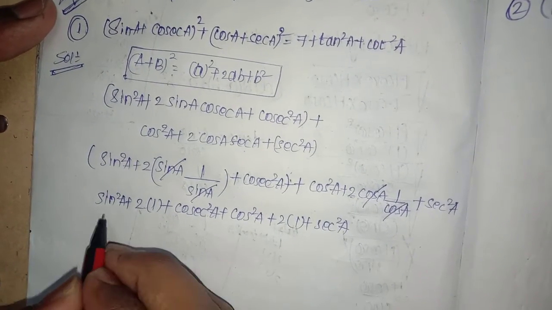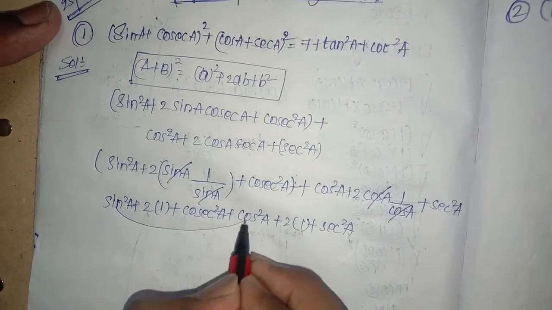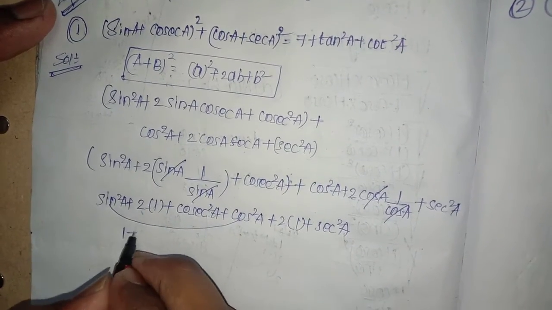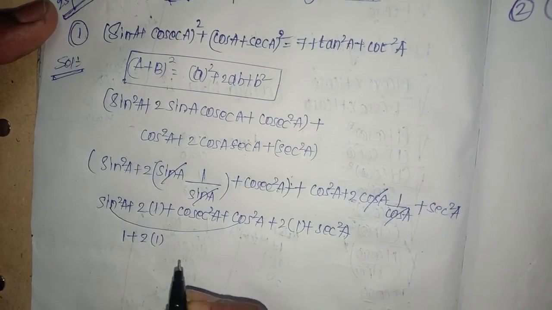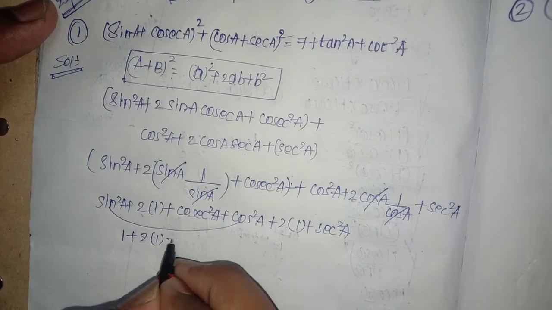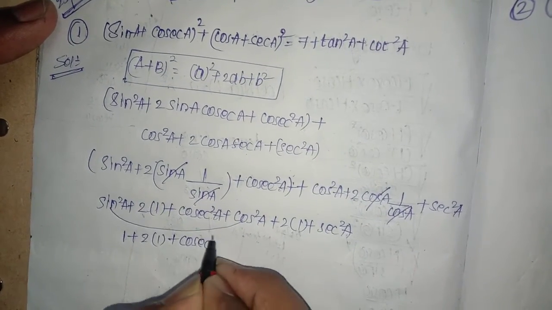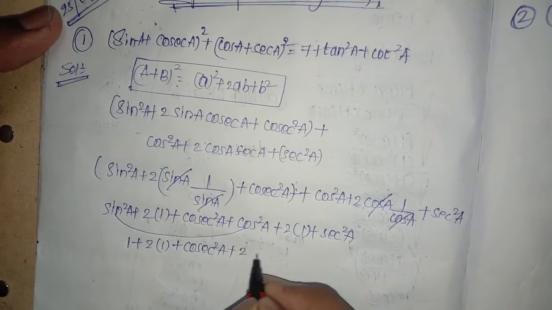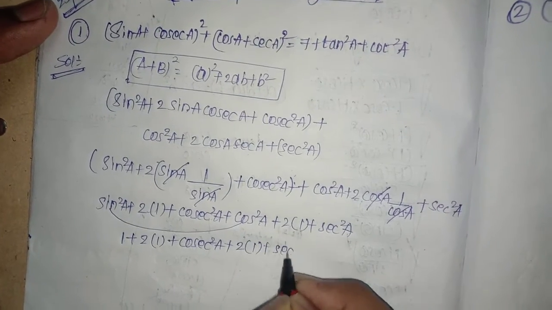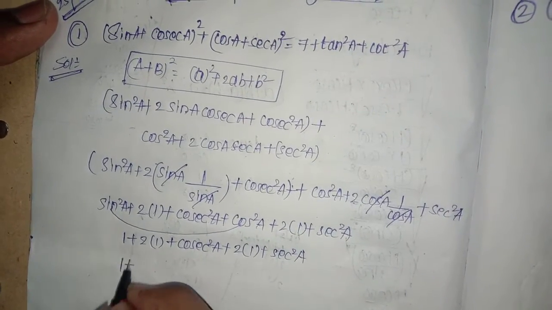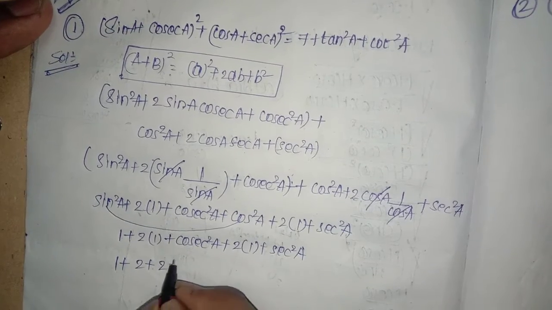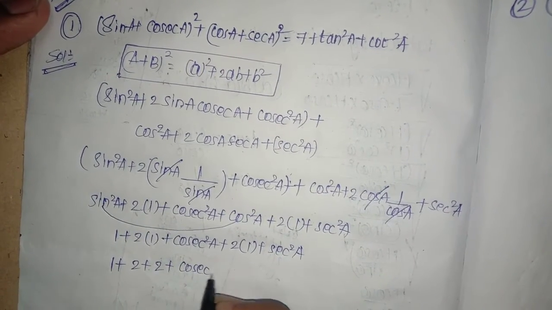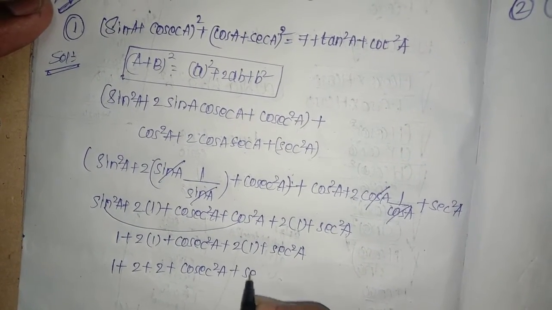We have learned the identity that sin square a plus cos square a equal to 1. So 1 plus 2 into 1, plus cosecant square a, plus 2 into 1, plus secant square a. That is 1 plus 2 plus 2, plus cosecant square a plus secant square a.